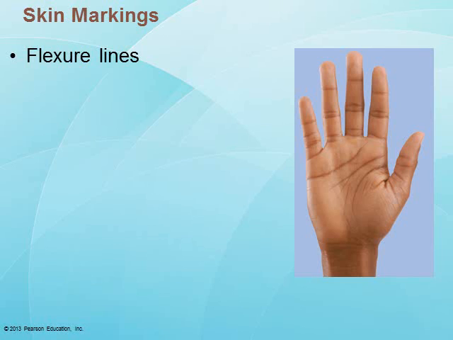On our skin, there are different markings. For example, the flexure lines. Flexure lines are absolutely normal, and what you see in this picture are the flexure lines, which are different from wrinkles, but they are formed in a kind of similar way. They are important for all your flexions. What is flexion? Do you still remember what we learned in our lab?